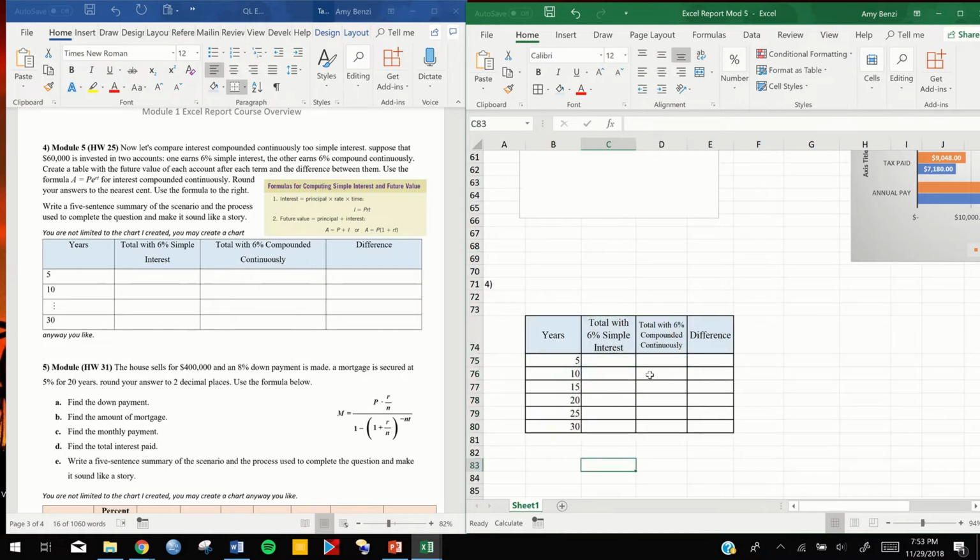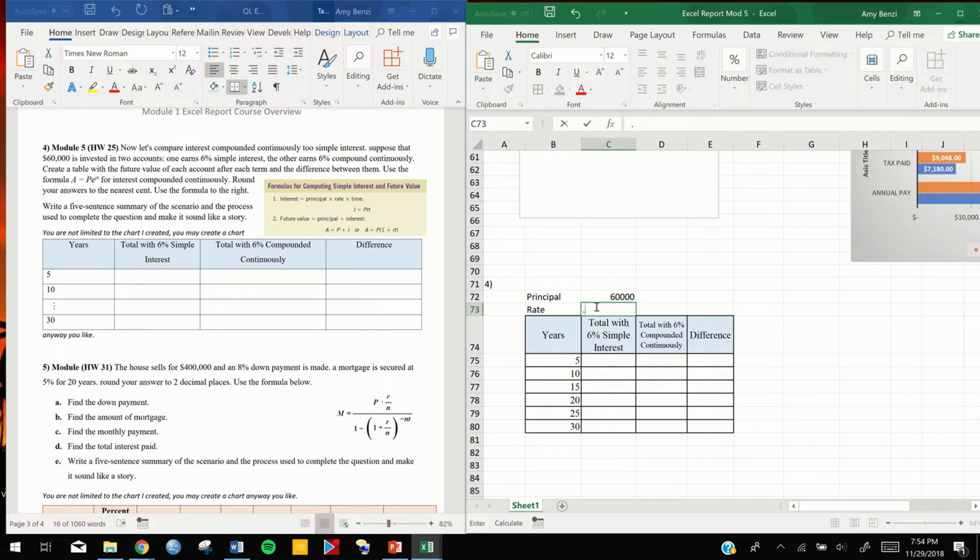All right, so let's go ahead and start rolling with a couple of other things. I need information here. I need my principal. So I'm just going to put some stuff here. Principal was 60 grand. And then I also had my rate.